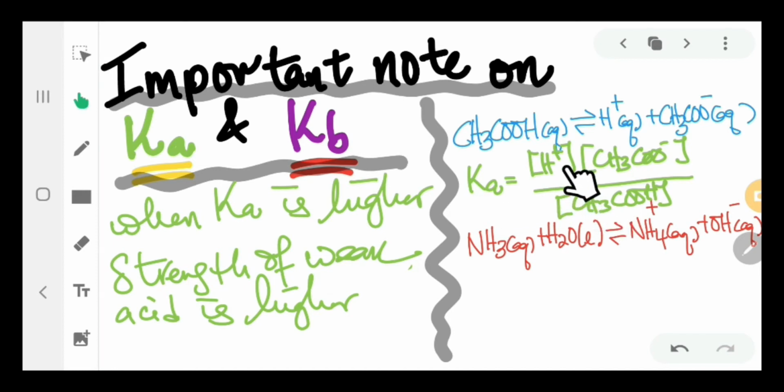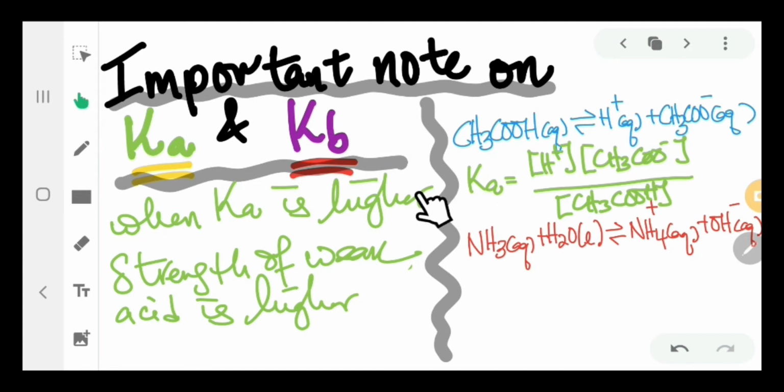So if you have less concentration of H plus, that means your weak acid is not really strong. Your weak acid is very, very weak. The strength of that weak acid is lower if you have lower amounts of H plus being produced. So when you have a lower amount of H plus being produced, automatically your Ka value will be lower.